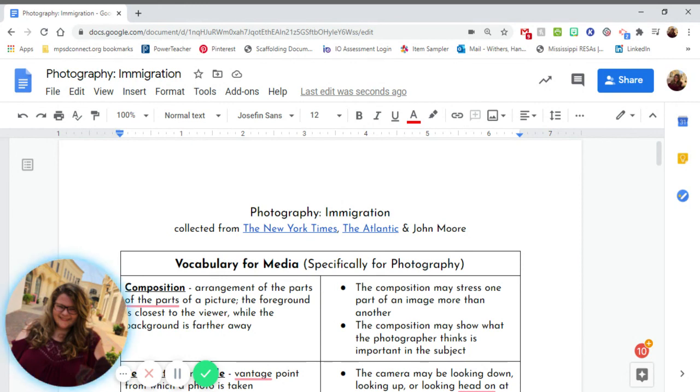So that's just another skill that we are unpacking and practicing in this class. And I hope you will take this to heart and understand why it's important, because it really is.